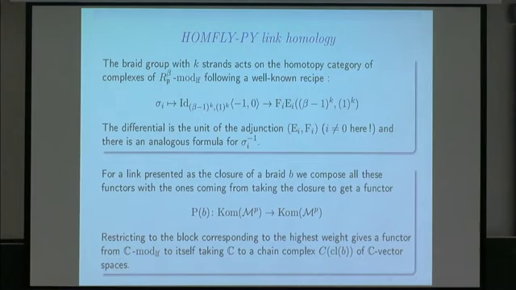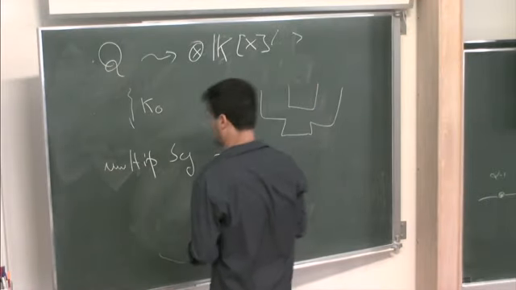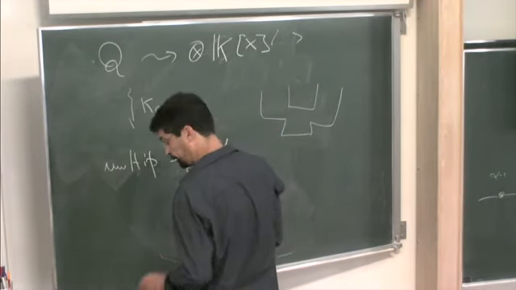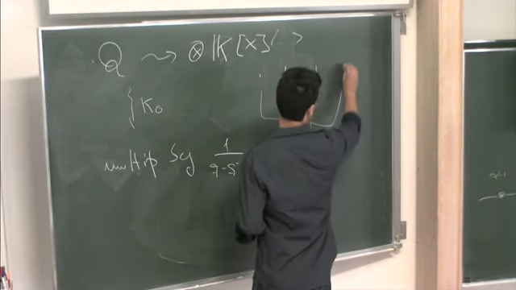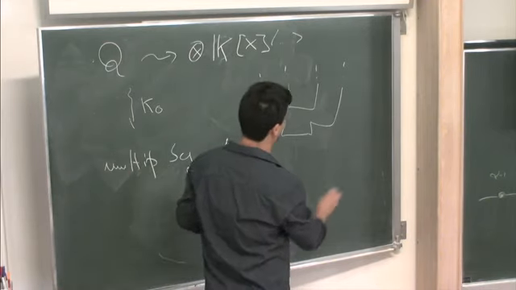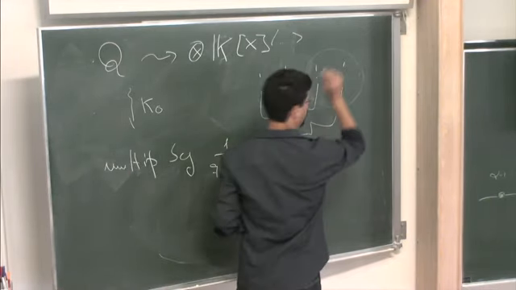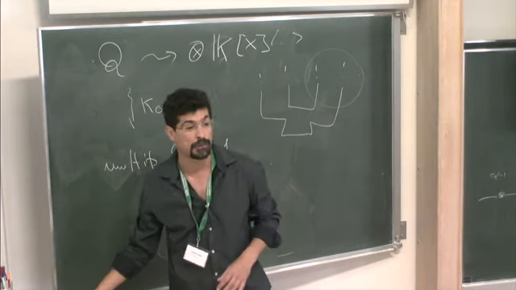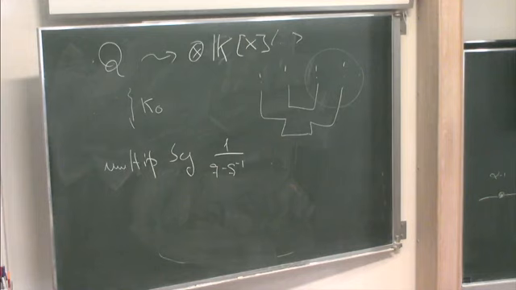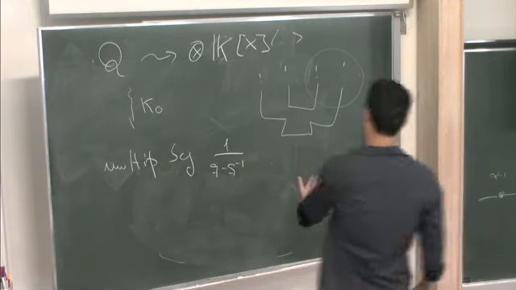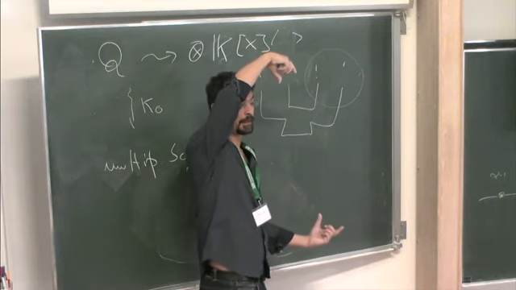In particular, if you remember this picture, this corresponds to root alpha 0. This one goes up. The braid group will only act here, and it does not involve F0 nor E0. These two functors are only used to close the braid, from the bottom with F's, from the top with E's.